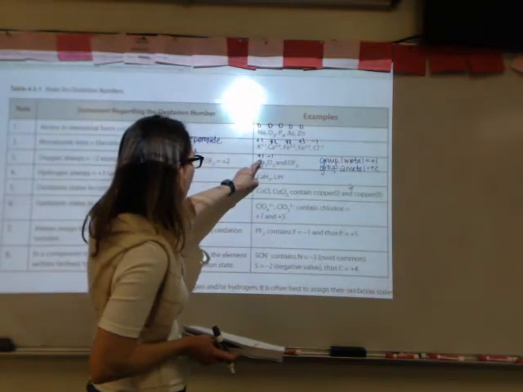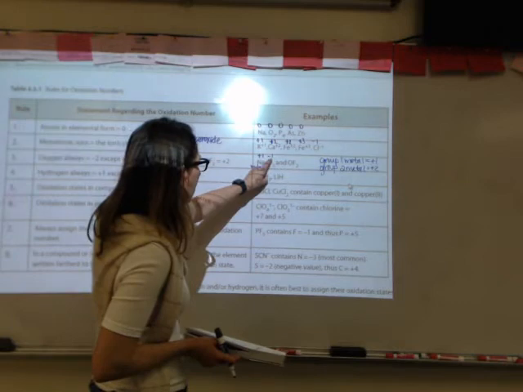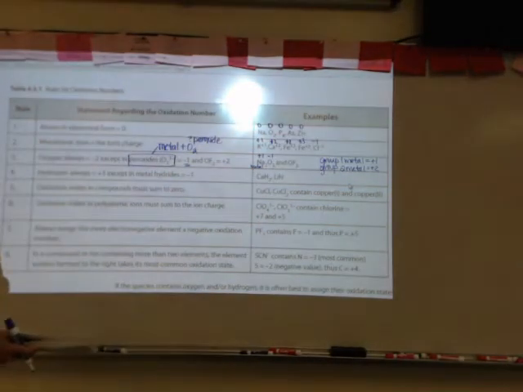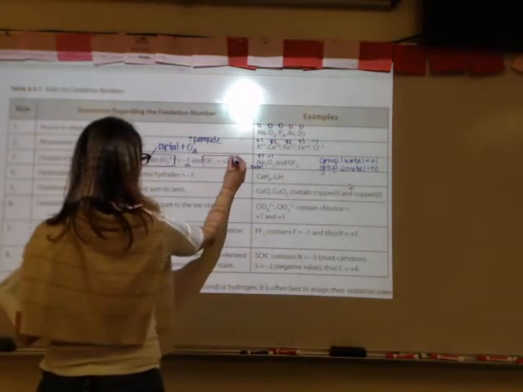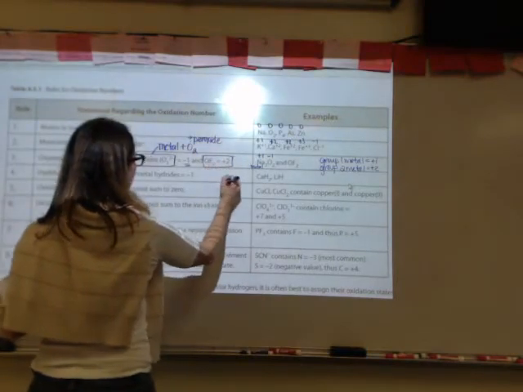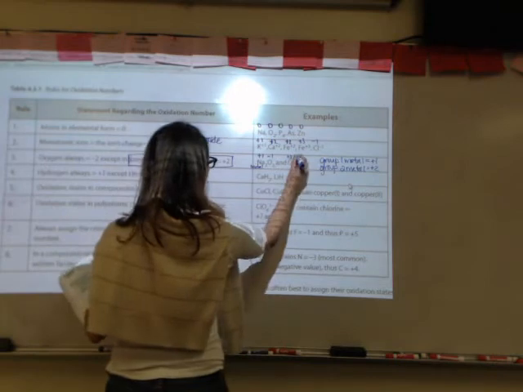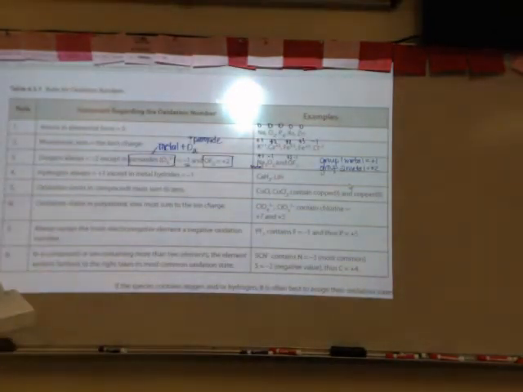So if sodium is a +1, and I have 2 of them, and I have 2 oxygens, that means the oxidation number on oxygen has to be a -1 as well, because the +1 and the -1 add up to 0. Now, if you have oxygen in OF2, that means the oxygen is a +2. And that means fluorine is a -1, because the oxidation numbers add up to 0 in a neutral compound, okay?